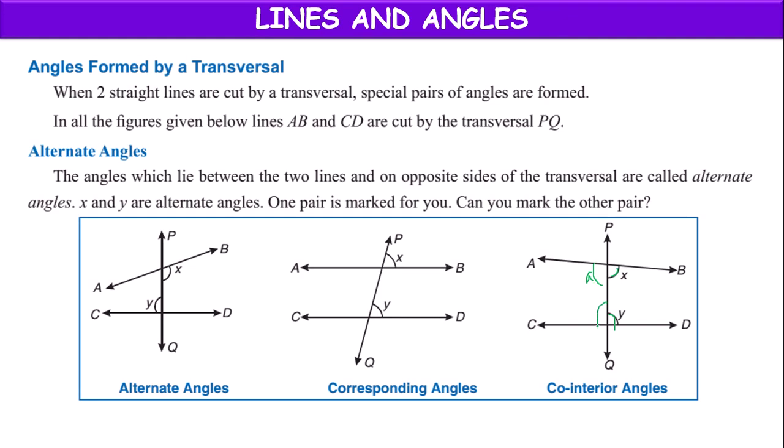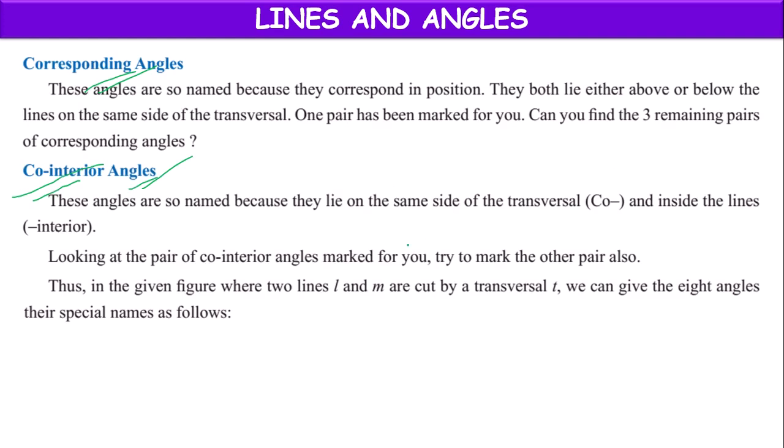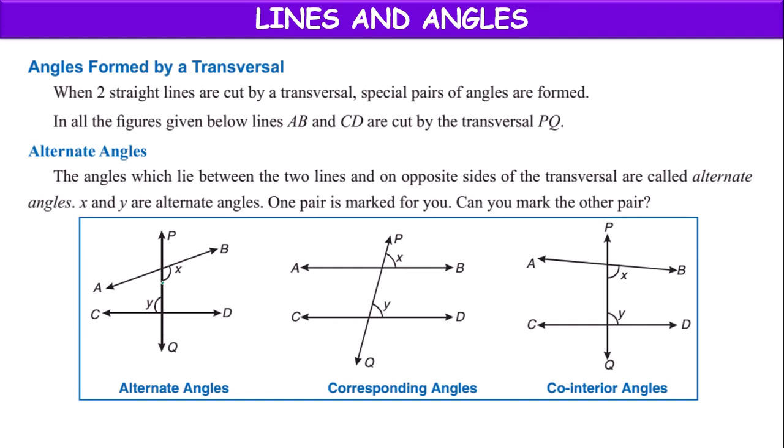A, B, like this, co-interior angles. So here, children, alternate angles means opposite sides of the transversal.